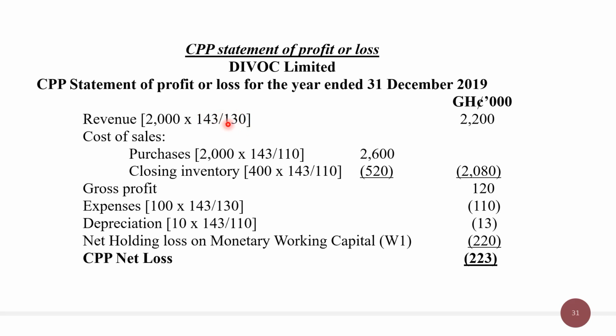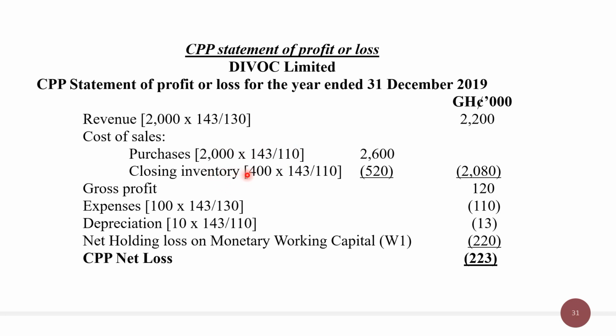Because it's revenue and it cuts across, like from January to December, you are using the average index. Average index. Your cost of sales, purchases, look at the date it came, and that is the date of entry and the statement of financial position.